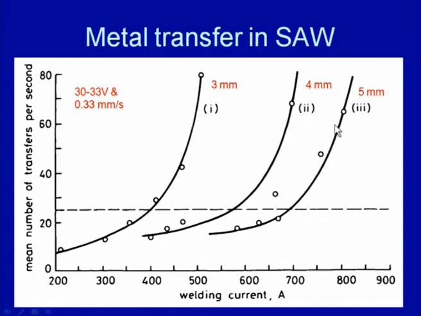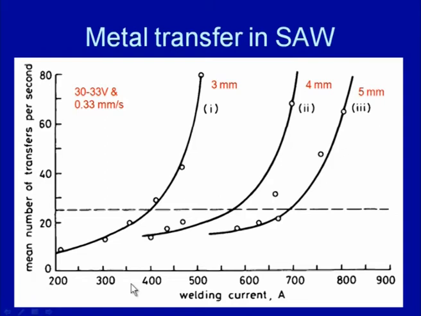So, the larger the diameter, the higher the current required for the transfer of the drops at a higher rate, while at a low level of current, the transfer of the drops occurs at a very low rate.